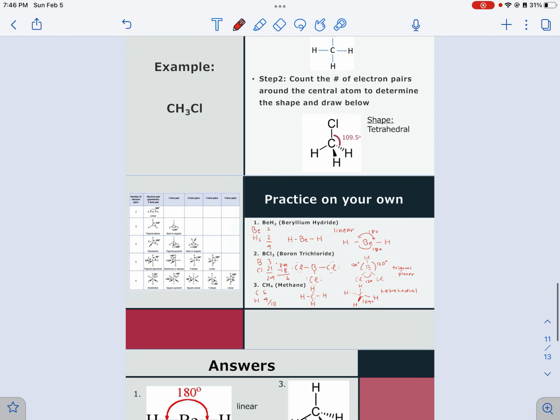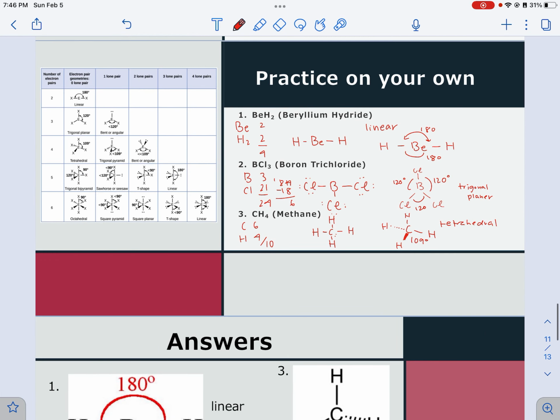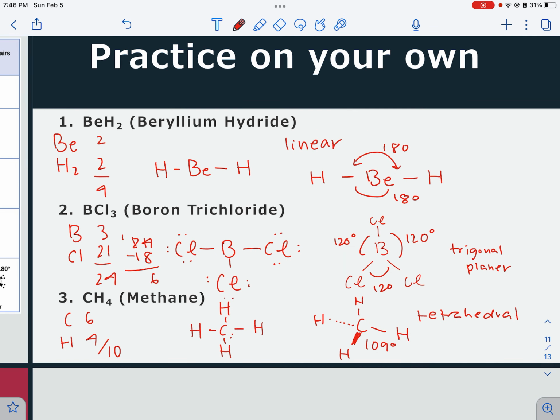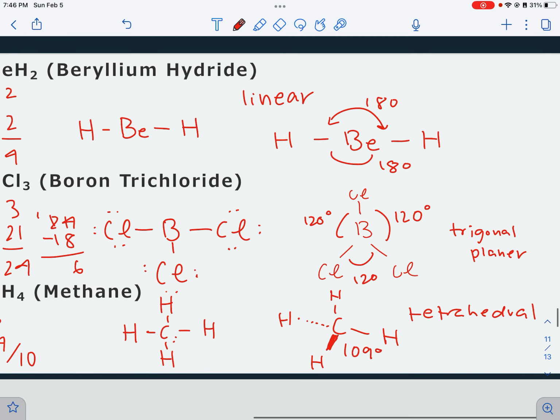Okay. So, as you can see here, beryllium hydride, there's Be and H2. We drew it first in 2D, and then we wrote it like this, right? And it's 180 degrees on one side. And then you know that's linear, right? Linear line. For this one, there's boron trichloride, so there's 3 chlorine atoms, and there's 3 domains, right?